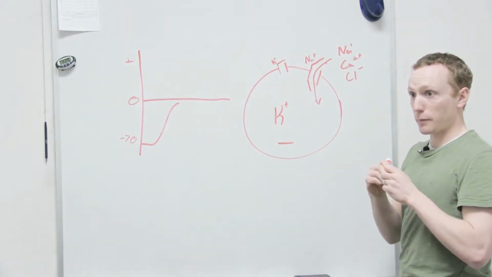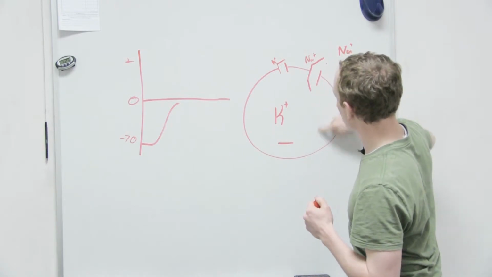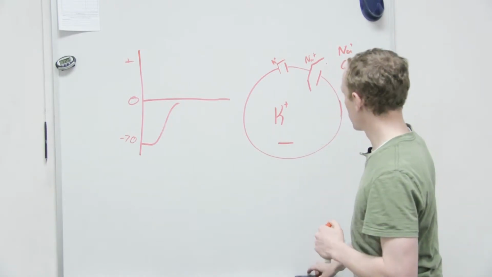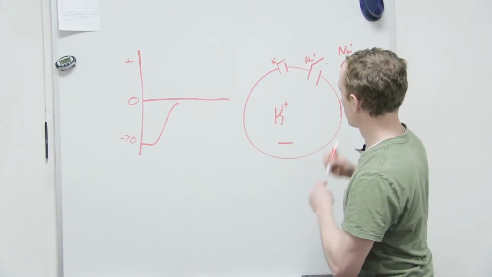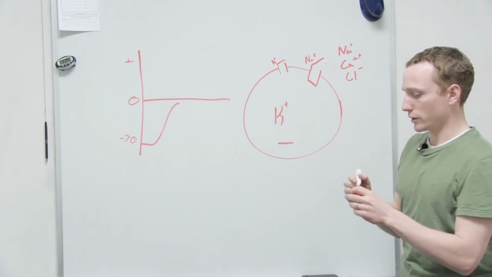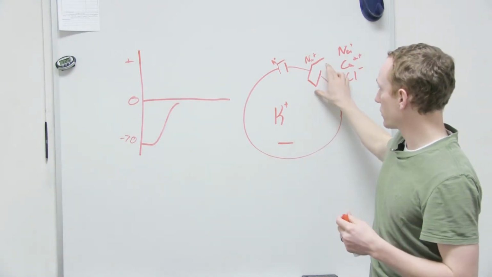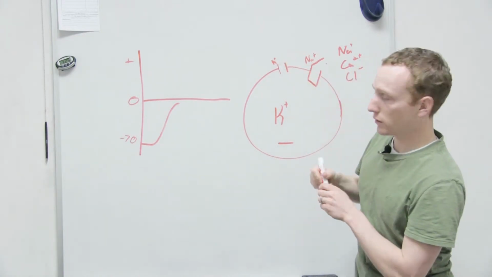What is going to happen, though, is after a little while, this sodium gate is going to close. I'll explain some of these terms in just a little bit, but as this closes, this potassium gate opens.